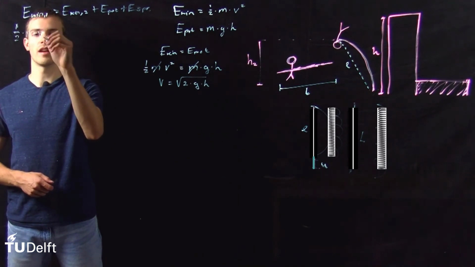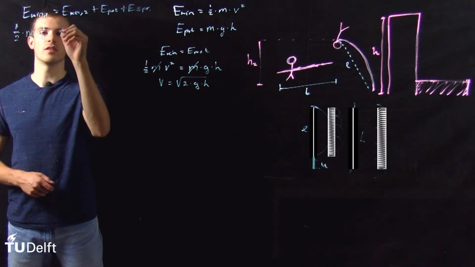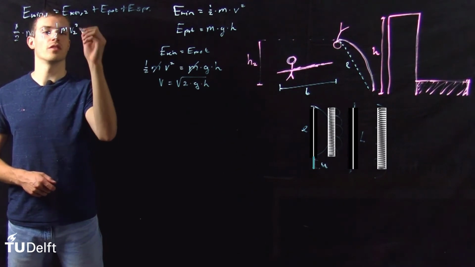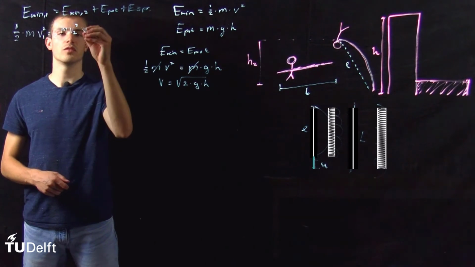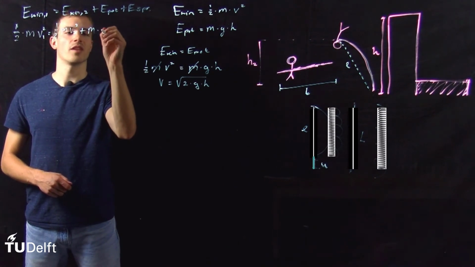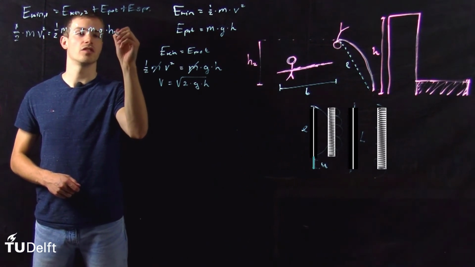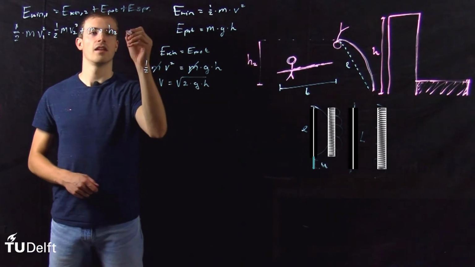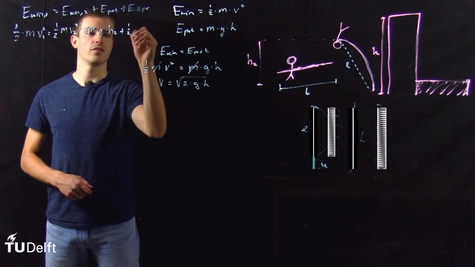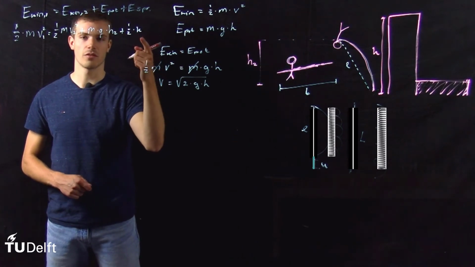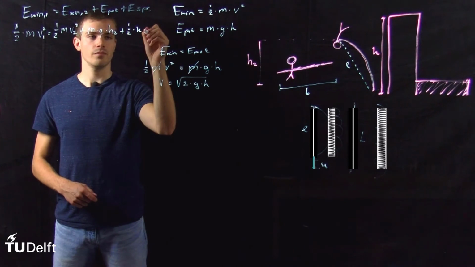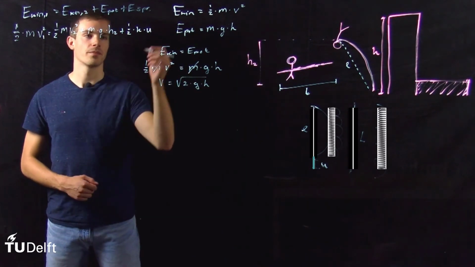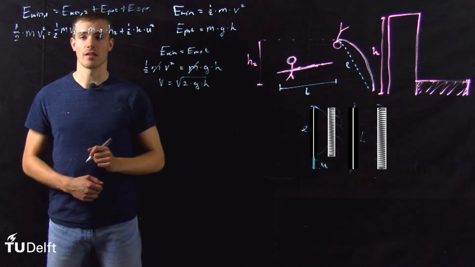So we can write a half m v1 squared is equal to a half m v2 squared plus m times g times h2, which is again this height, plus a half times k times u squared. The k is for the spring constant of the pole, and u is the deformation, which is also squared.